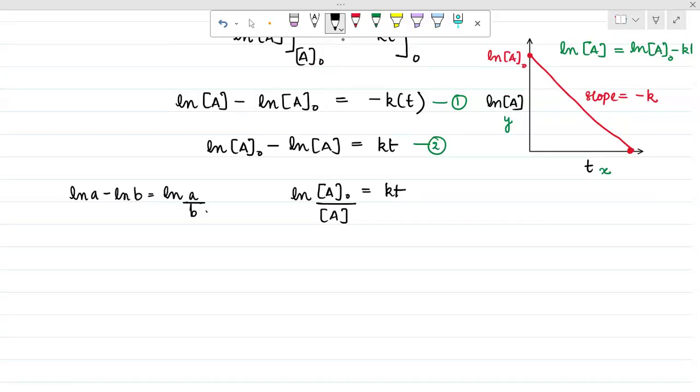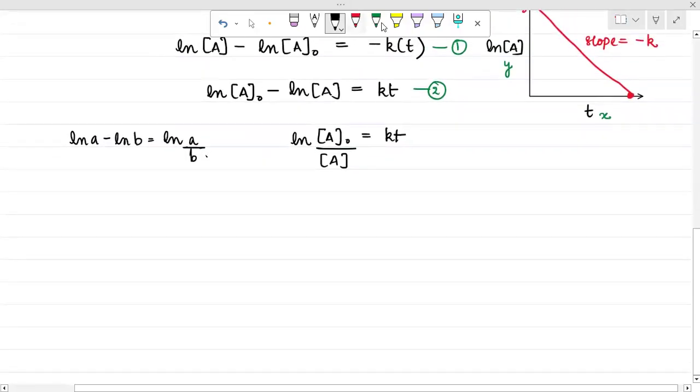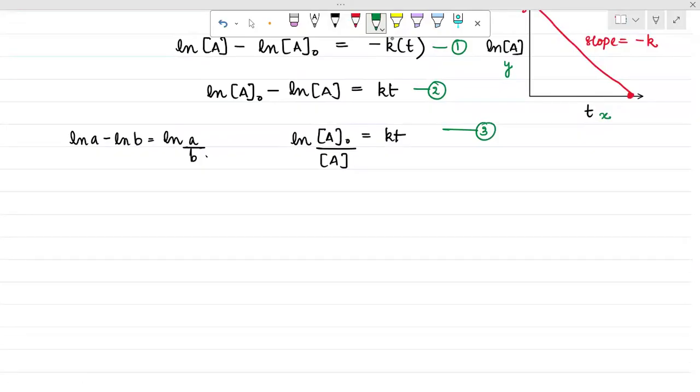How will you do it? Let's name it as equation number 3. Now, how will you convert equation number 2 to logarithm? You multiply it with 2.303. That's all. Correct? So it becomes 2.303 log A0 minus 2.303 log A is equal to kt.